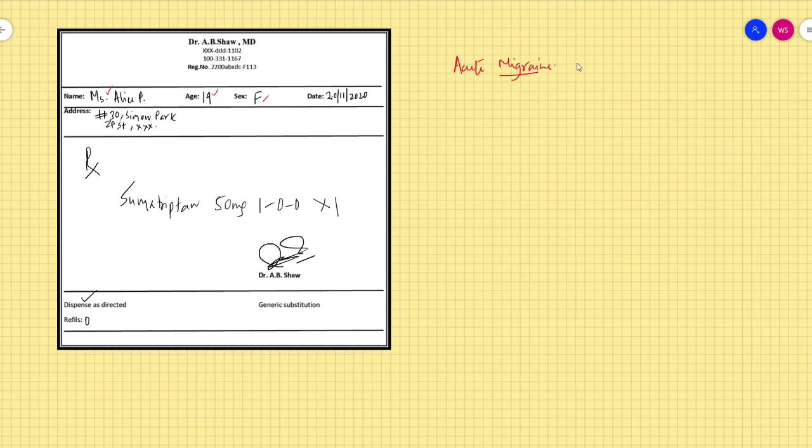She visits the physician, and the differential diagnosis she had was aura and pain. And so the physician determined that she was indeed suffering from acute migraine, and he prescribed this agent, sumatriptan.